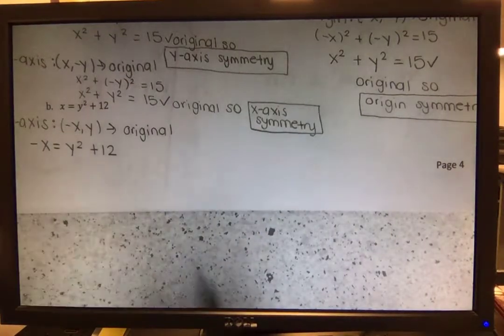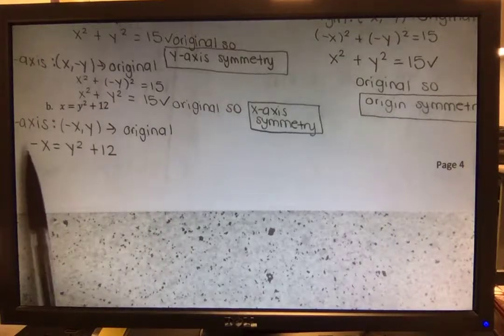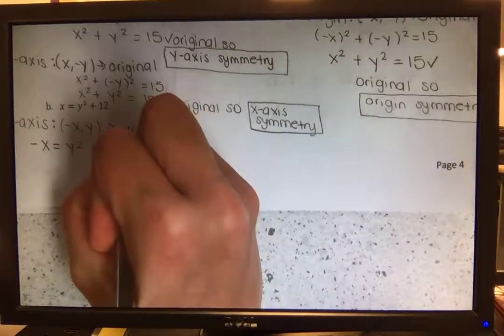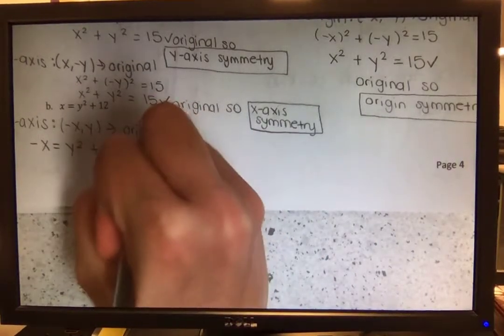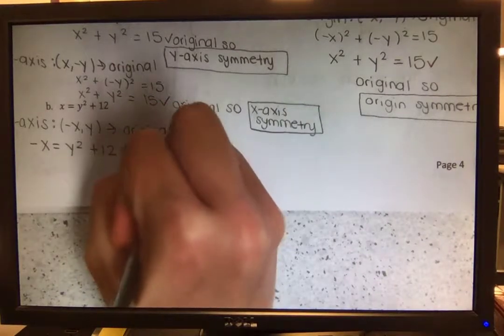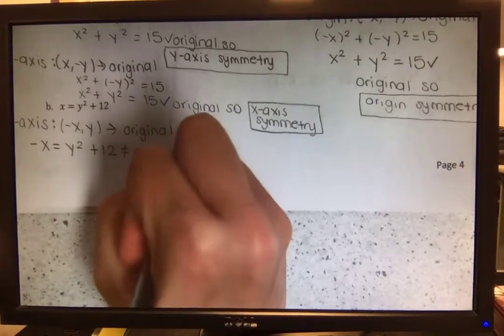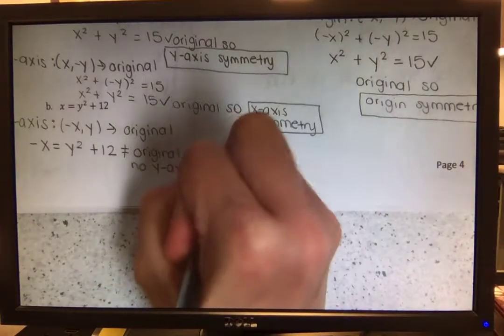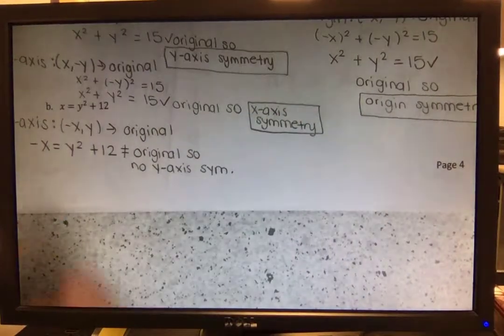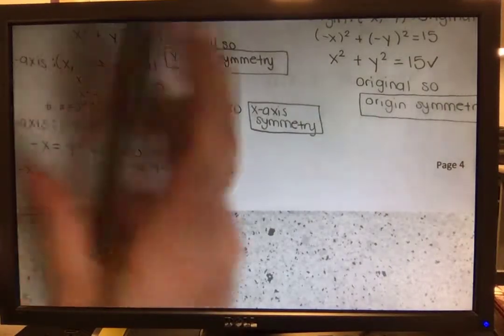Unlike the previous problem, I can't do anything to get rid of this negative. It's just negative x equals y squared plus 12, so that's not the same as the original. So no y-axis symmetry. Testing x-axis symmetry.